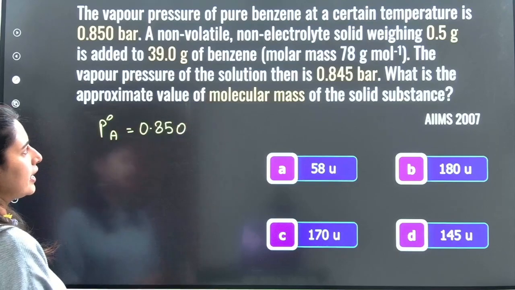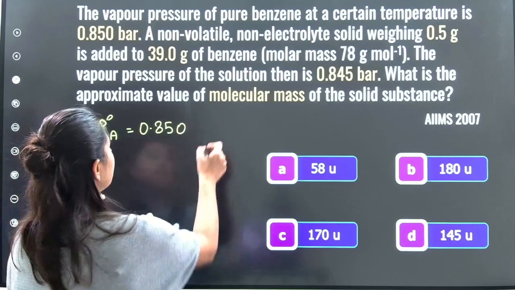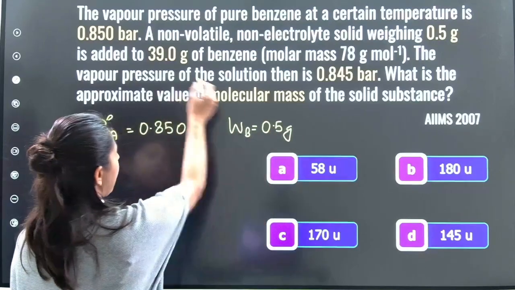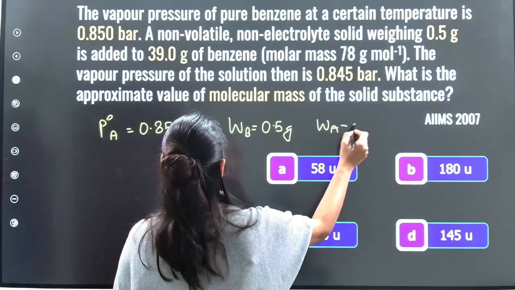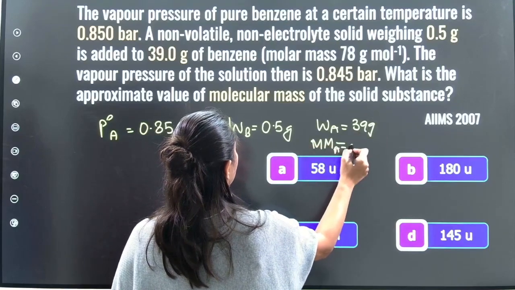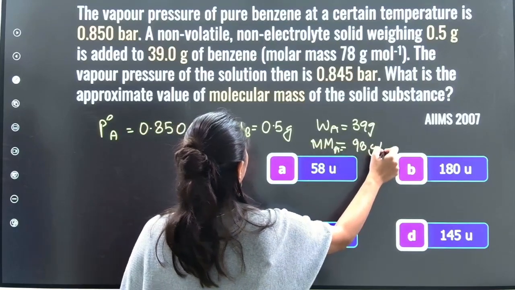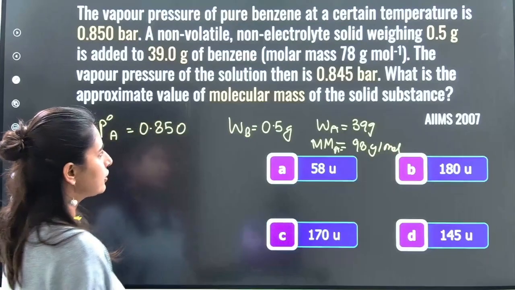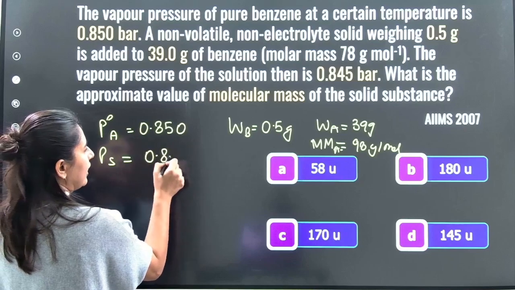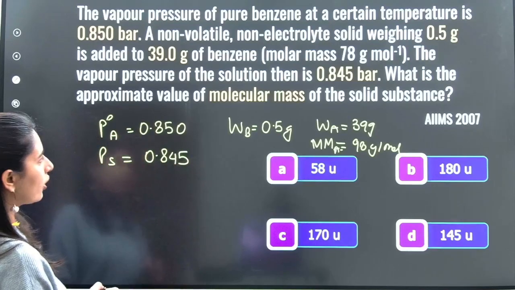A non-volatile electrolyte solid, weight of the solute is 0.5 grams, is added to weight of the solvent 39 grams. The molecular mass of the solvent is also given, 98 gram per mole. The vapor pressure of the solution, PS, is also given, equal to 0.845. What is the approximate molecular mass?